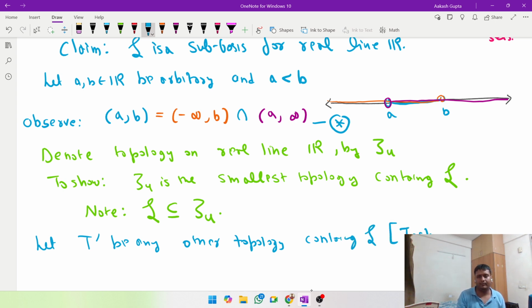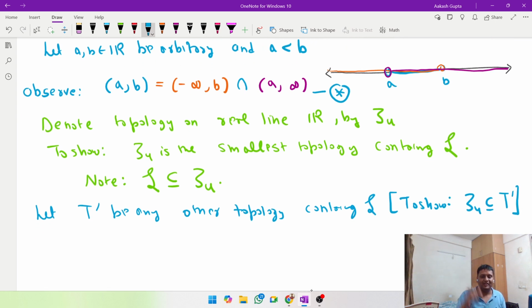What we have to show? See, it's always better to write step by step, even if it consumes a lot of time in the beginning. And then when you become a little bit mature, you can always play with things. So what we have to show is that tau u is actually sitting inside tau prime.